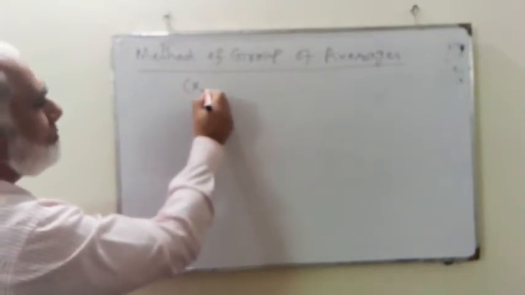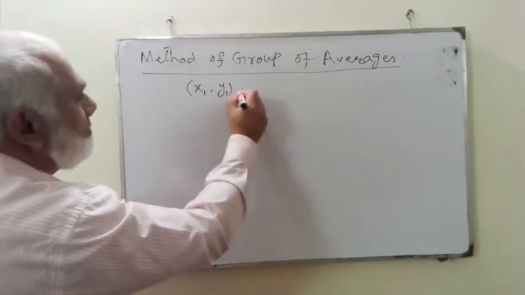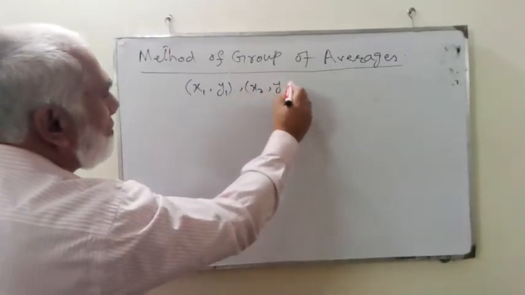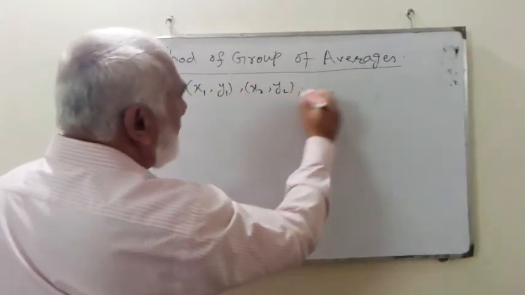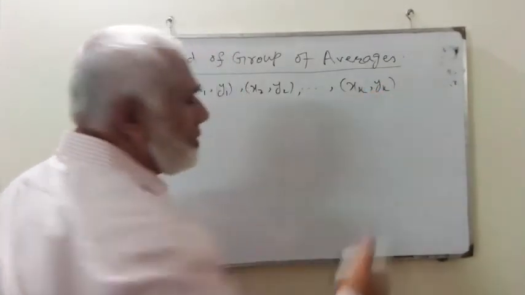x1 to x1, y1, x2, y2, and goes up to say xk and yk. So these are the points we are going to take in group number 1.